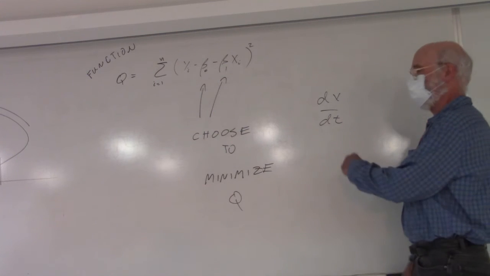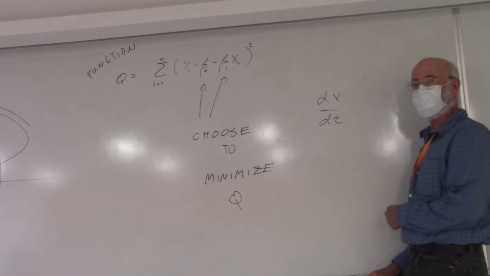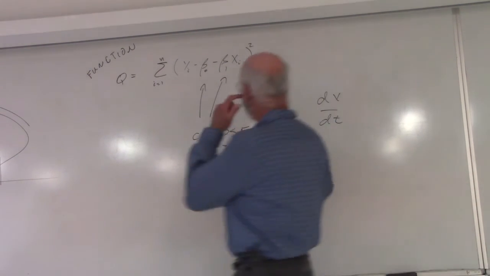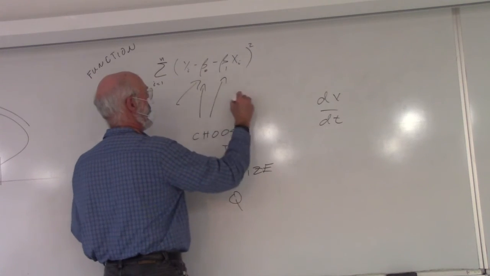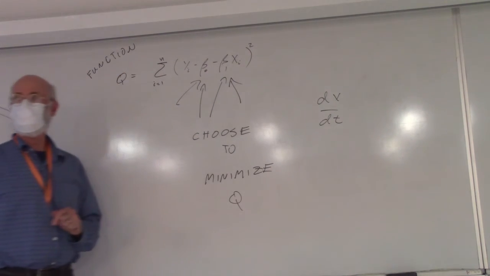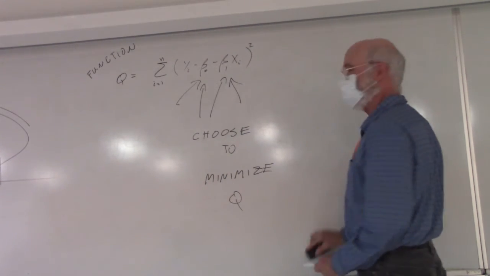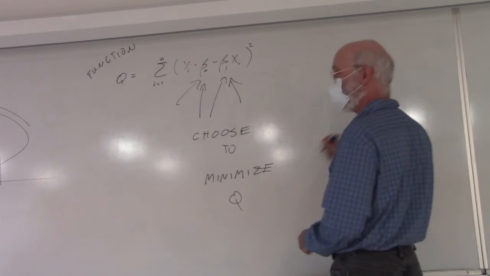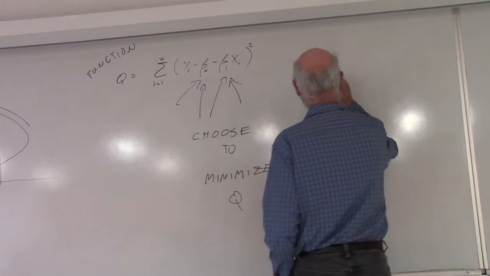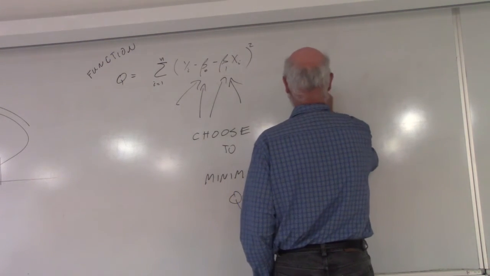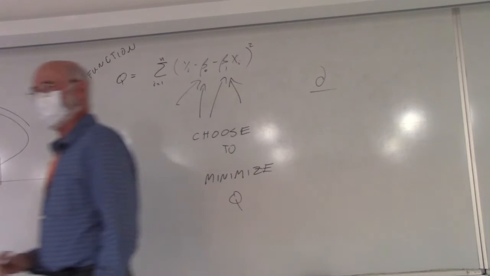So you took the derivative of a function with respect to one variable. But now we've got two variables. We've got beta 0 and beta 1. So what we need to do is we need to do this using partial derivatives. So instead of, we're going to take the partial derivative with respect to something else.